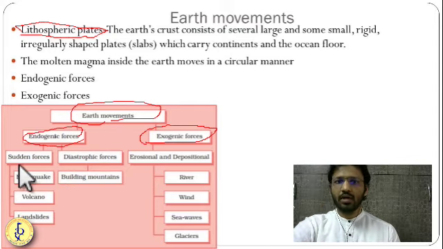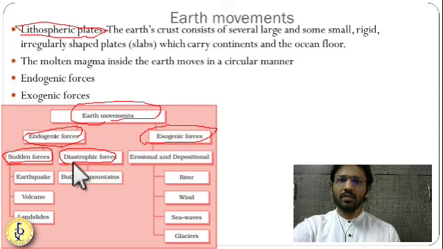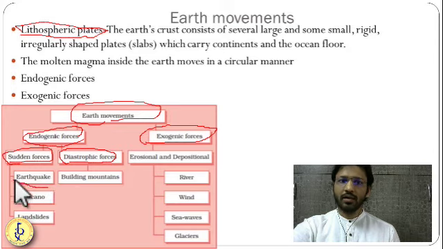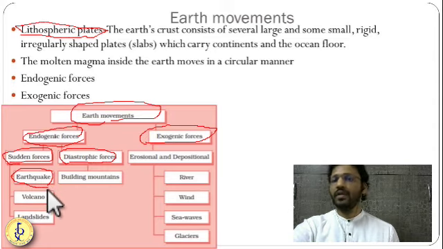Sudden means like within a second, something will happen. And the second is diastrophic force. Slowly something will be built up. Sudden force can be classified into three types. Earthquake, as you know, suddenly for 20 seconds it will shake and it will destroy the whole continent. So this is earthquake.